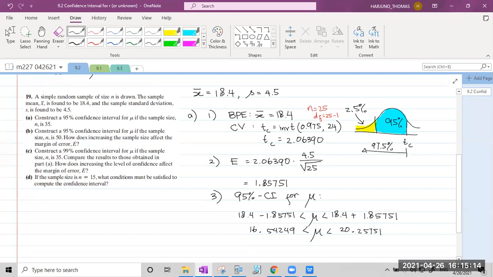That is the confidence interval, 95% confidence interval for mu. That's for part A.